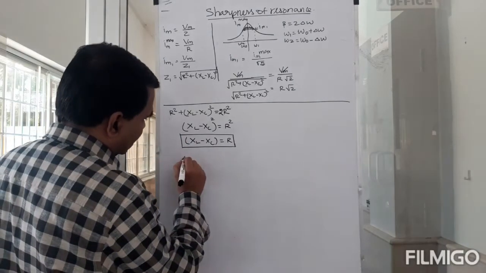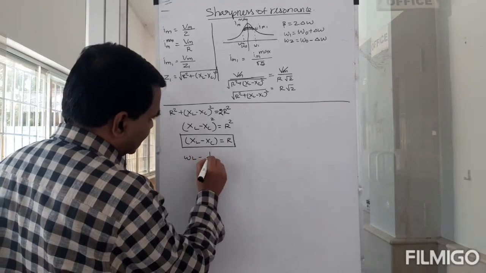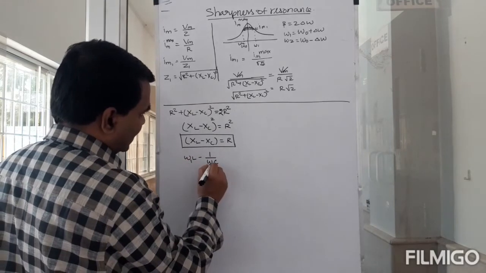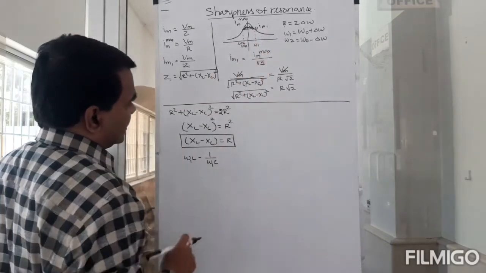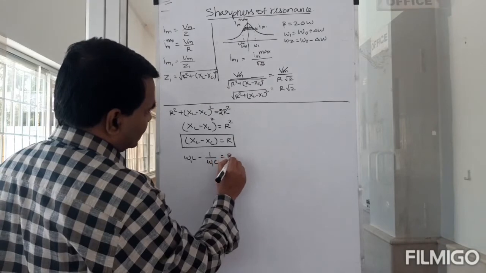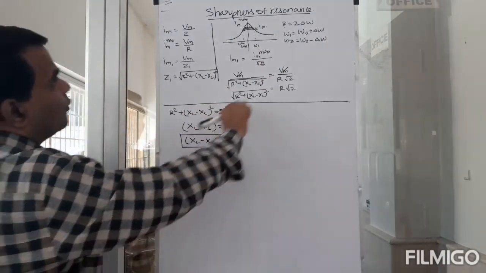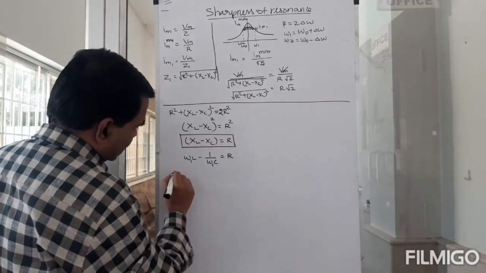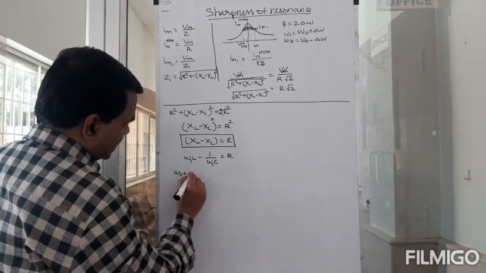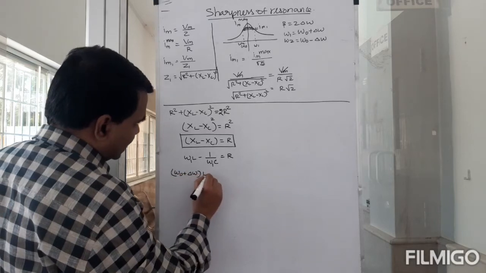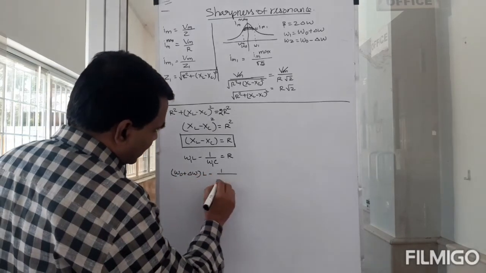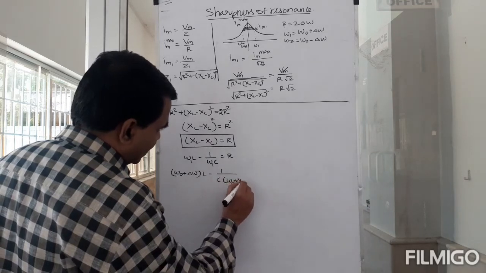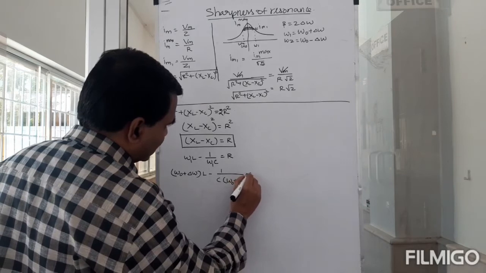XL is omega L minus XC, which is 1 by omega C, in this case with omega 1, is equal to R. But what is omega 1 anyway? Omega 1 is omega naught plus delta omega. So omega naught plus delta omega into L minus 1 by C into omega naught plus delta omega is equal to R.